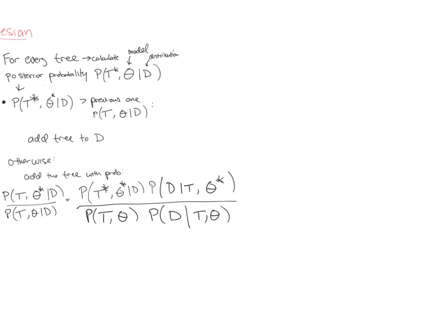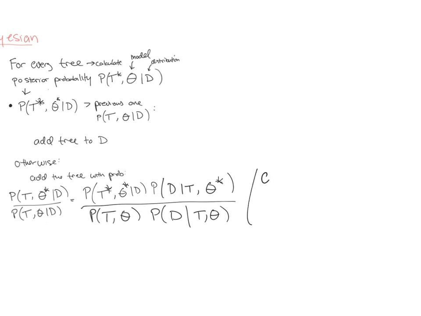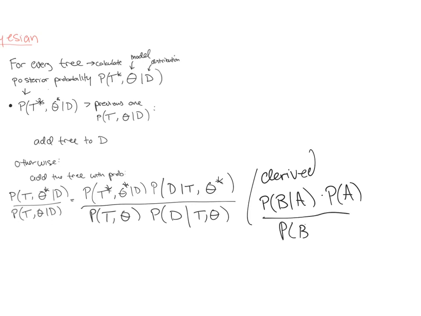This is derived from Bayes' theorem: the probability of B given A times the probability of A over the probability of B. If you start applying Bayes' theorem to trees, you end up with that big old thing.